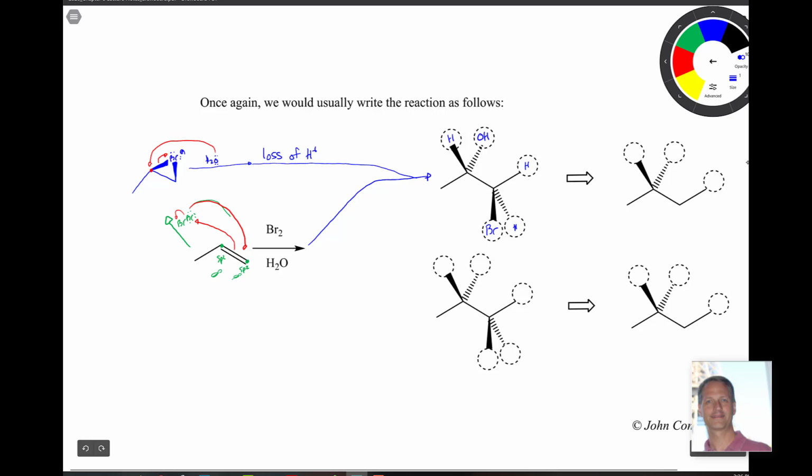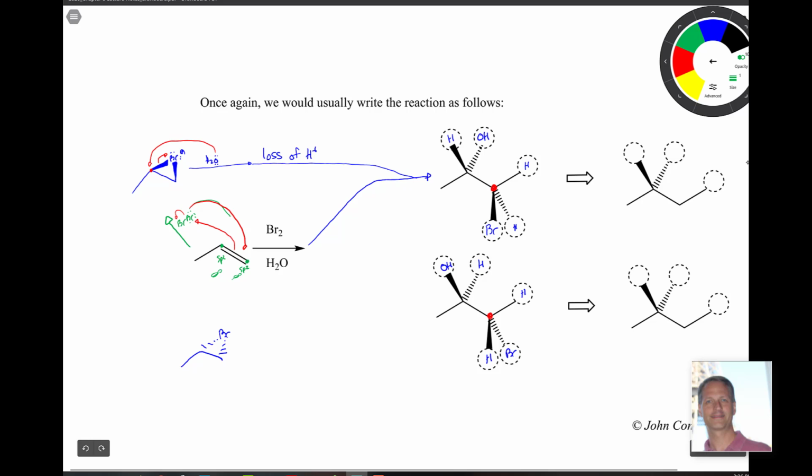If we came the other direction and did this guy, then our bromo group would be on a dash. If we know that we're anti, then the OH must be here, and voila, everything else is an H. It's unnecessary to show that here because this is achiral.